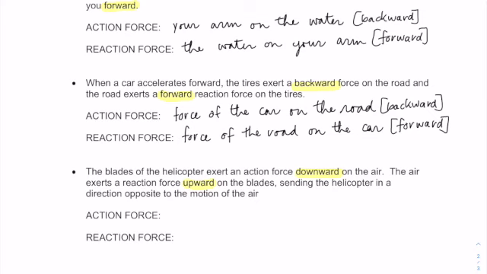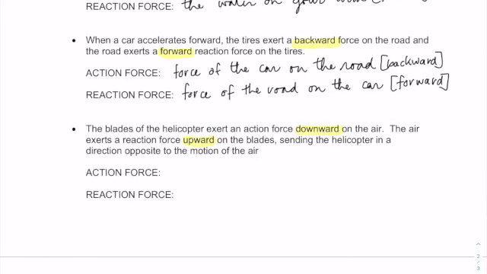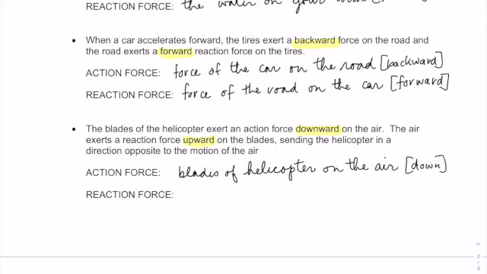So our action force is the blades of the helicopter on the air in the downward direction, and the reaction force would be the air on the blades of the helicopter in the upward direction.